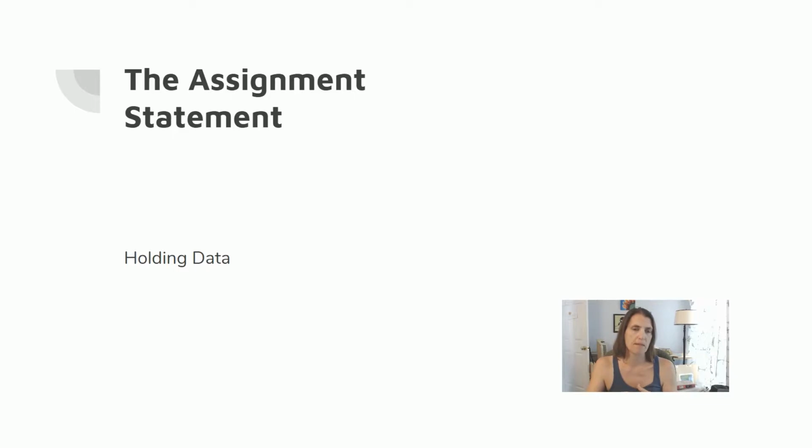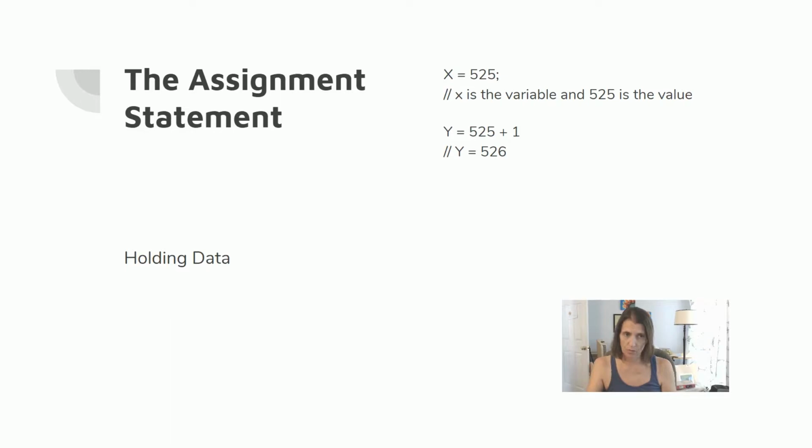So the assignment statement, that is about holding data. So I can have something like x equals 525, where x is the variable and 525 is the value. So you're setting a value to a variable. And this could be a number. You can do a manipulation at this point.